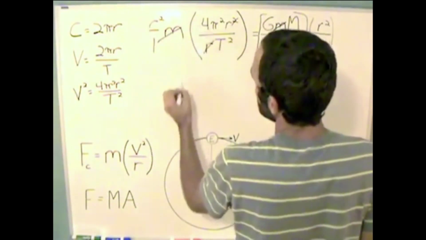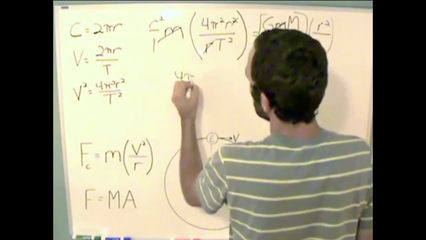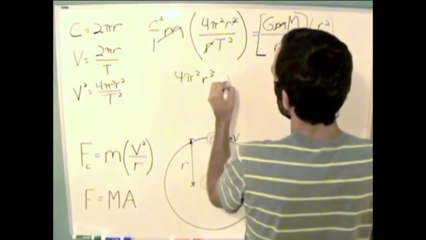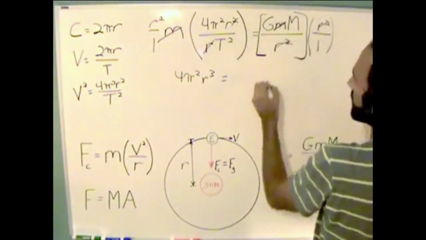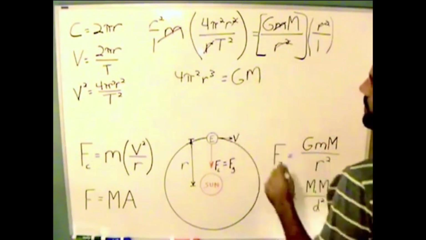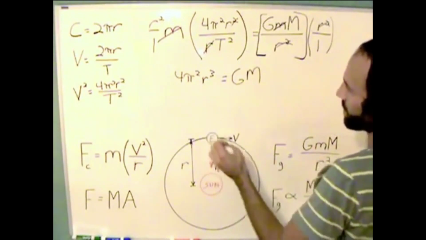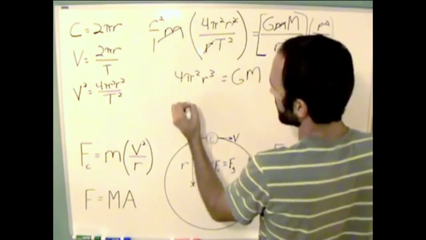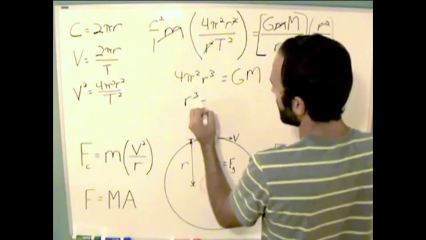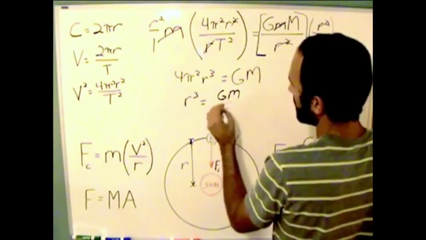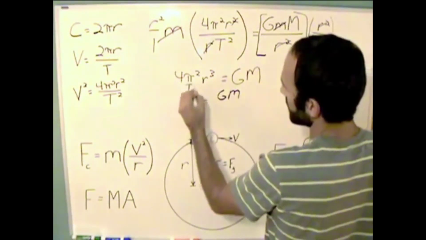That gives us 4 pi squared r cubed equals, and r squared cancels on this side, G times big M. Then we want to get r by itself over here, so we divide by 4 pi squared. I'm not going to show the steps, but r cubed equals G M, nope, I missed T cubed.